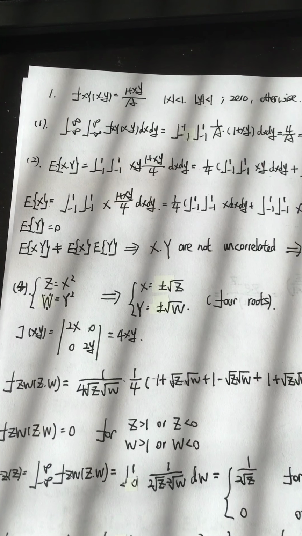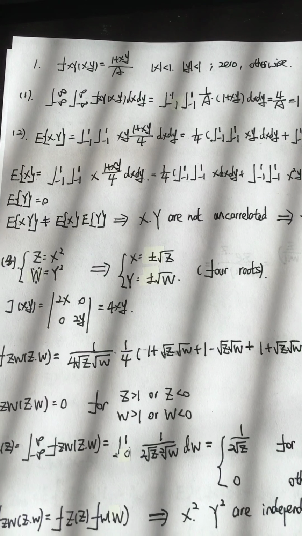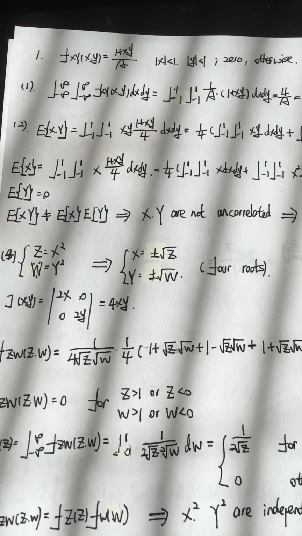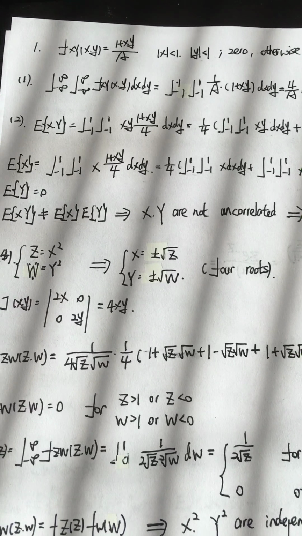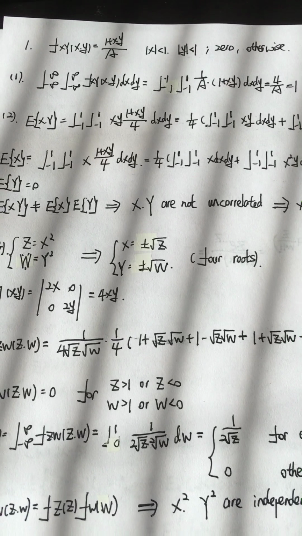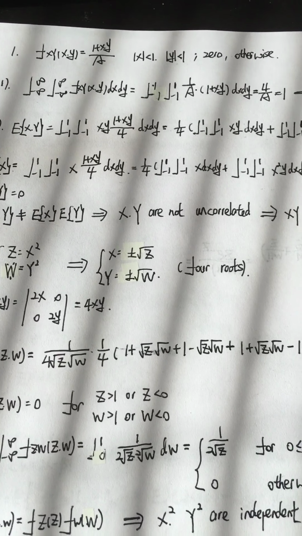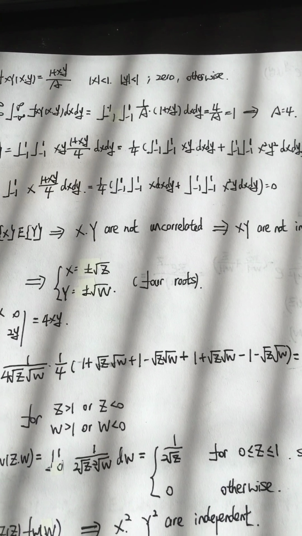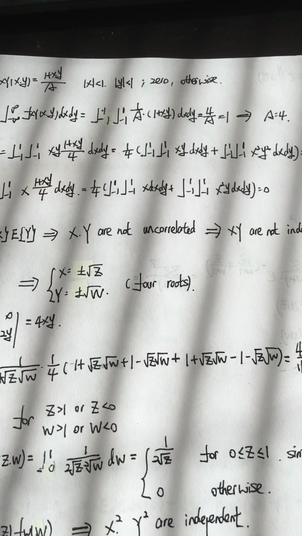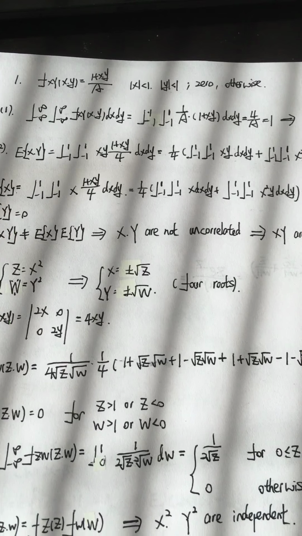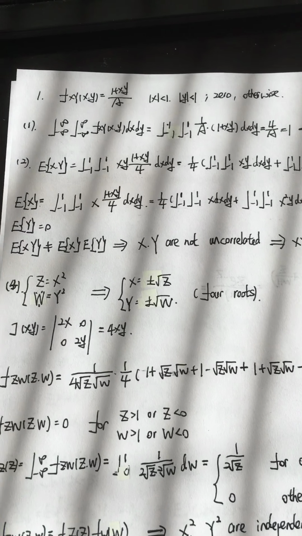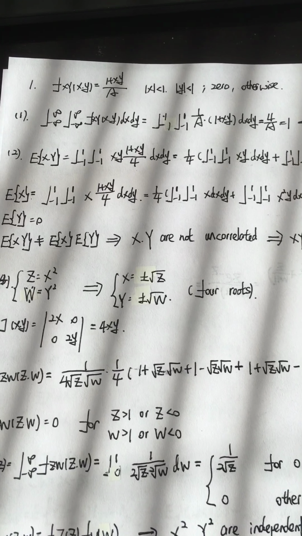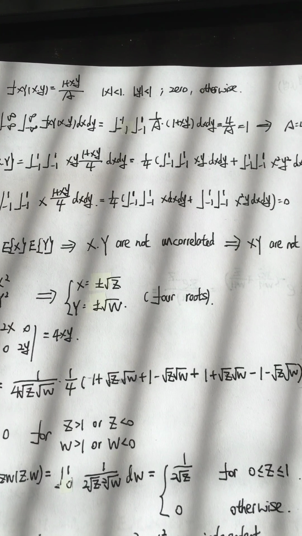Okay, the last question. To find the joint density function of x squared and y squared. Here we can define z to be x squared and omega to be y squared, and then we can get that there are 4 roots of the function, where z is equal to x squared and omega is equal to y squared.